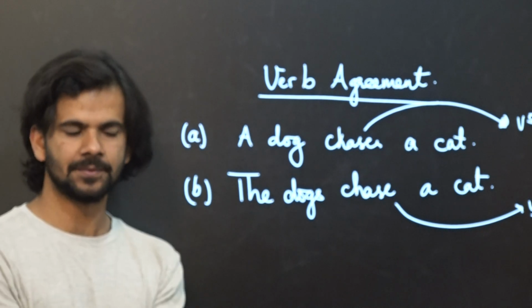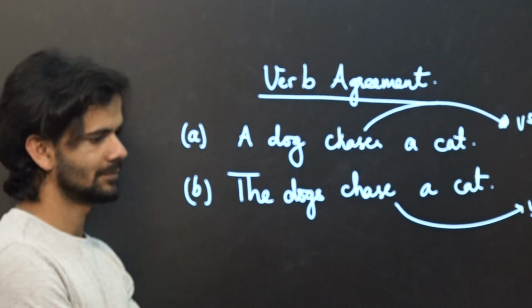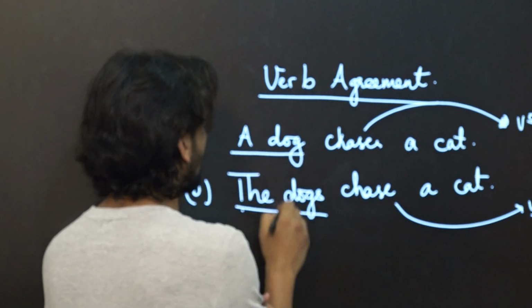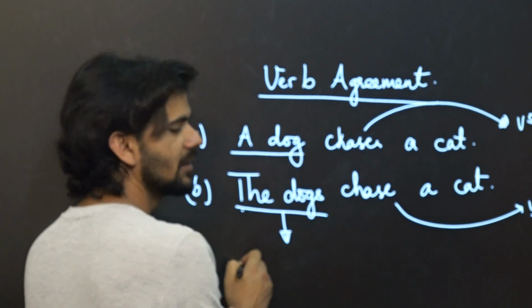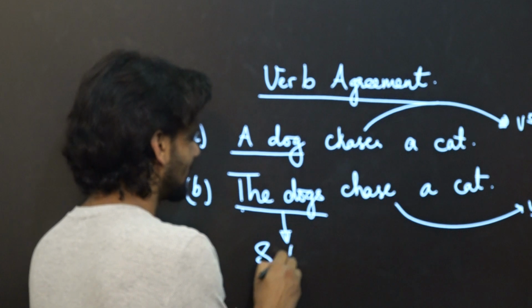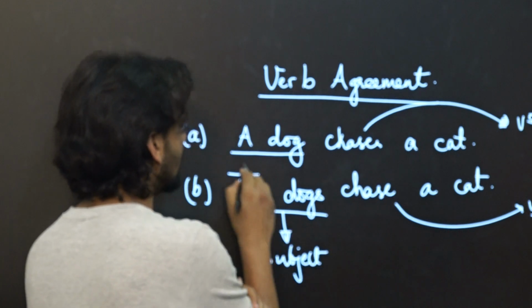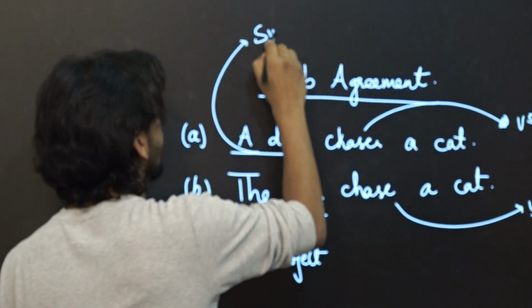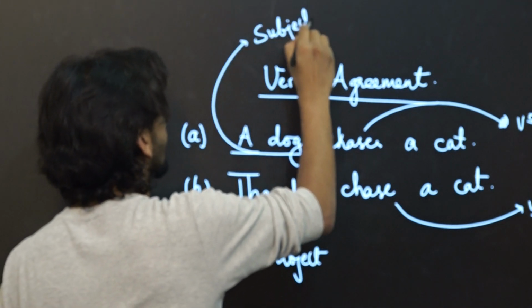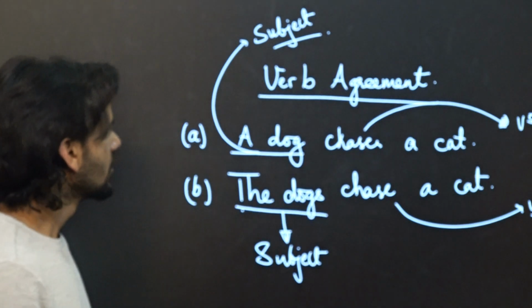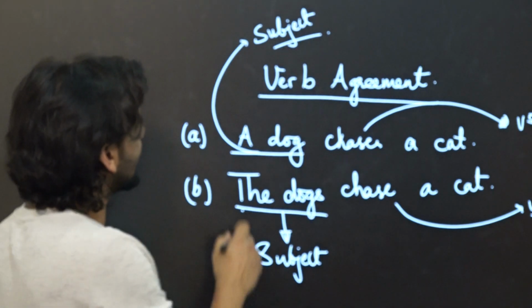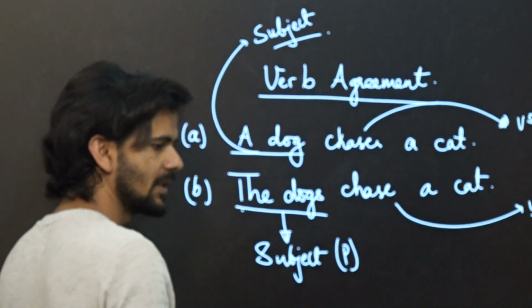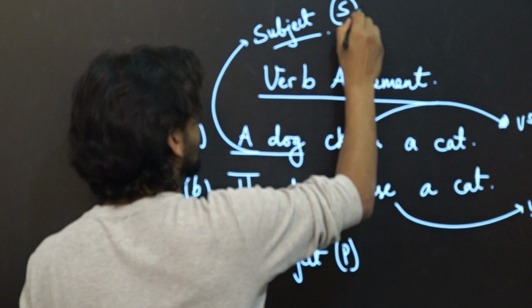Why? What's the reason? The dogs is plural, the subject. A dog is singular, the subject. So depending on the nature of the subject, this is plural, this is singular.